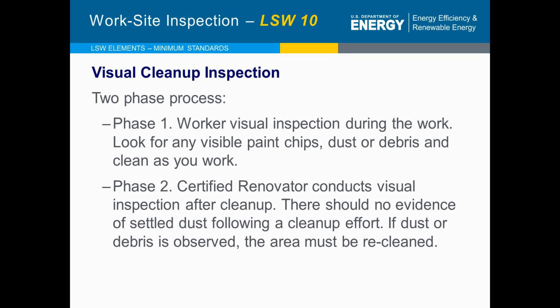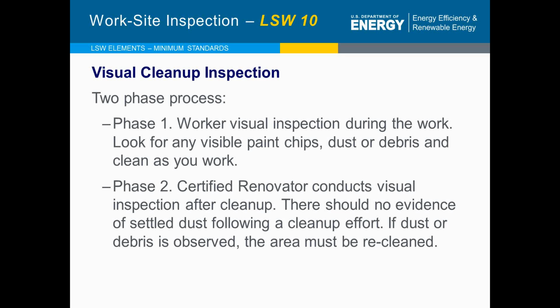After cleanup is done, and there's actually more than a couple of slides here that we need to talk about with cleanup. We're cleaning the containment area first, and then after containment is removed, we're cleaning the final area, the remaining area. And after that final area has been cleaned, a certified renovator is going to do a visual test.